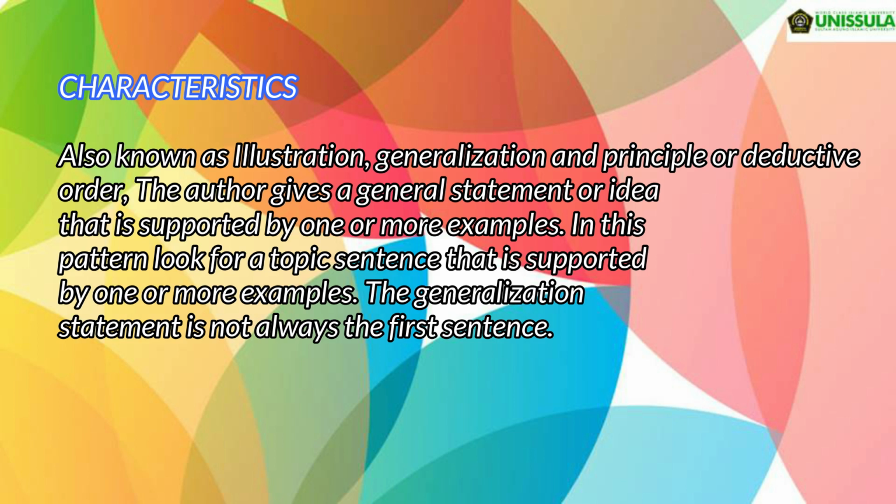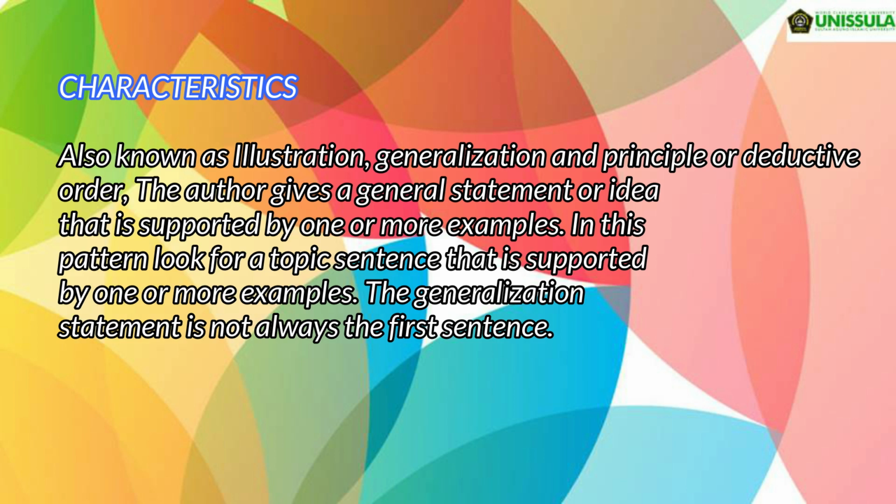The author gives a general statement or idea that is supported by one or more examples. In this pattern, look for a topic sentence that is supported by one or more examples. The generalization statement is not always the first sentence. This is the meaning of this pattern.